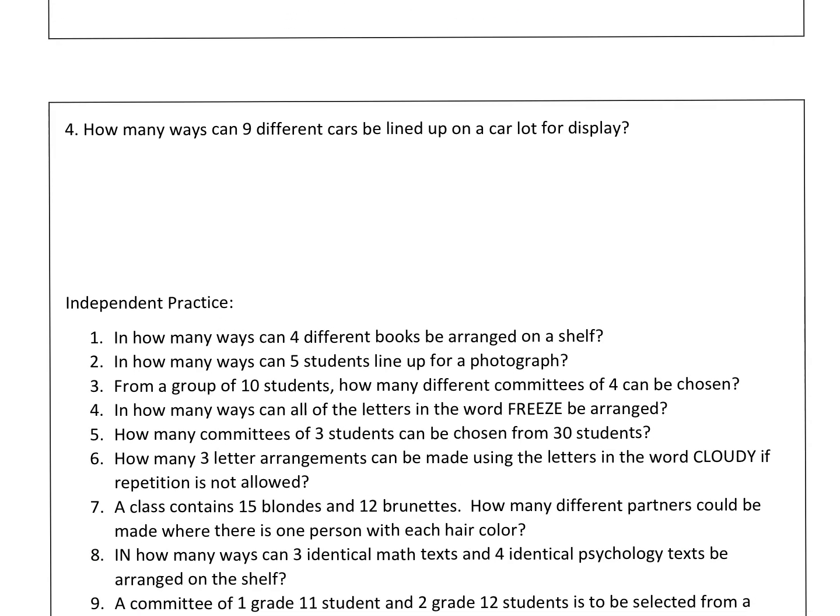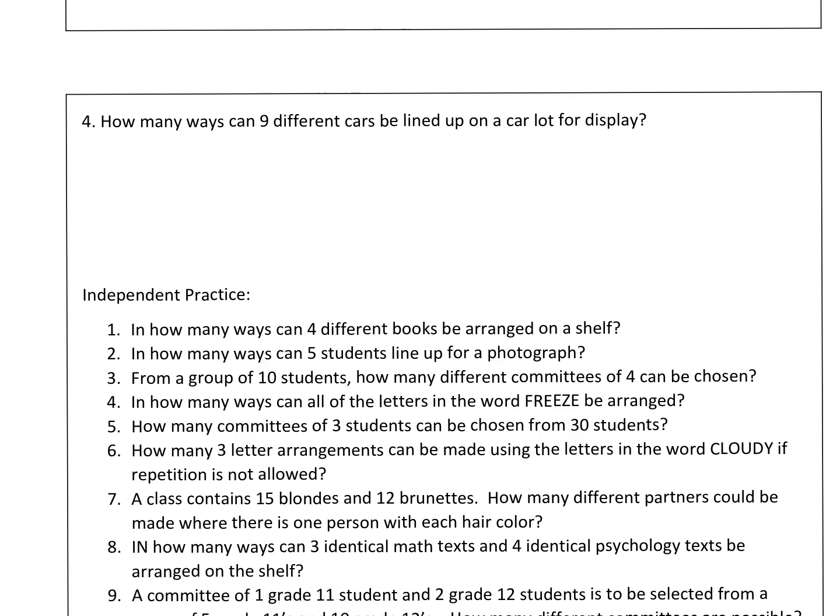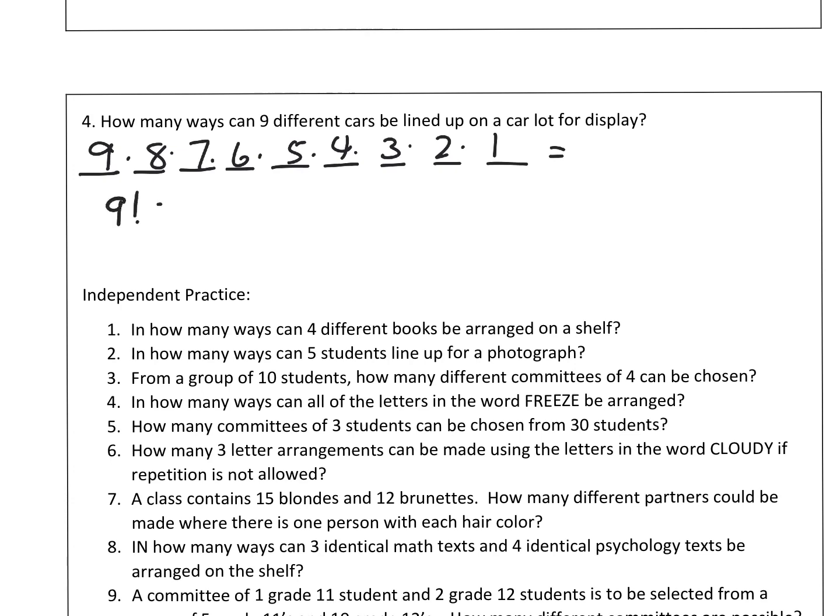How many different ways can 9 cars be lined up on a car lot for display? So you could do one, like I'm making decisions. Which car am I going to put first, second, third, fourth, fifth, sixth, seventh, eighth, and ninth? So I have 9 to choose from, then 8, then 7, then 6, then 5, then 4, then 3, then 2, then 1. You can do that. You might recognize it as there's 9 and I'm placing all 9, so it would be 9 factorial.